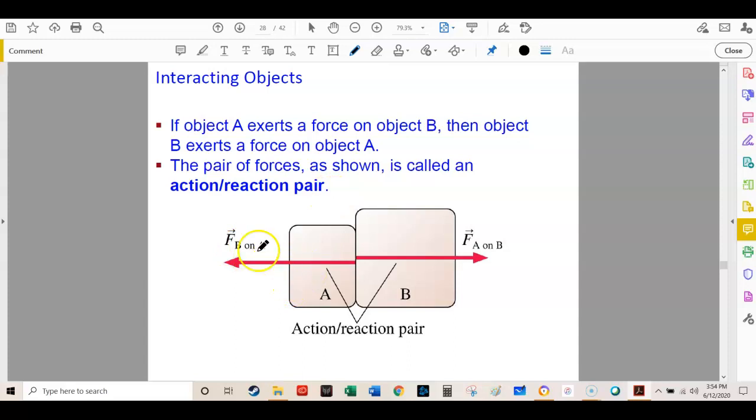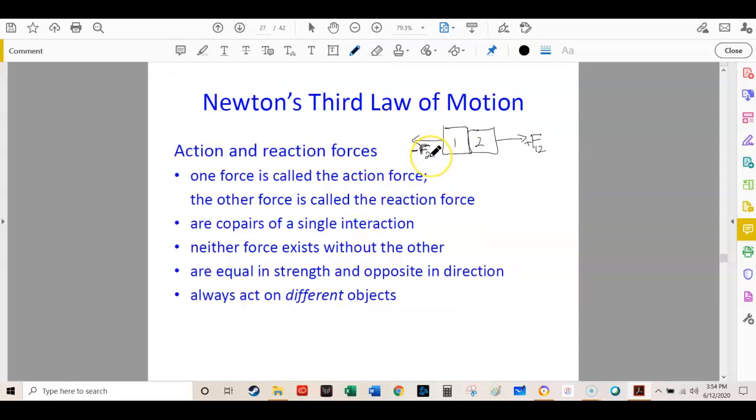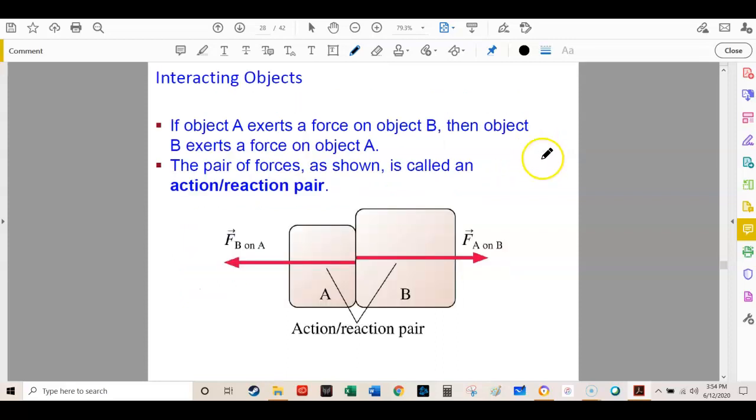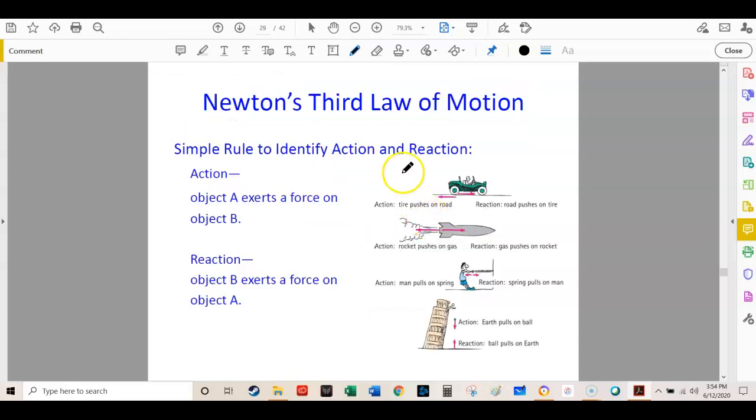Block A is feeling a force on it from block B, and then block B is feeling a force on it due to block A. Okay, so this force pair is force of object 2 working on object 1, and this is object 1 working on object 2, right? So if I push on you, you push back on me in the opposite direction. Essentially, that's kind of the wording that goes on there, okay?